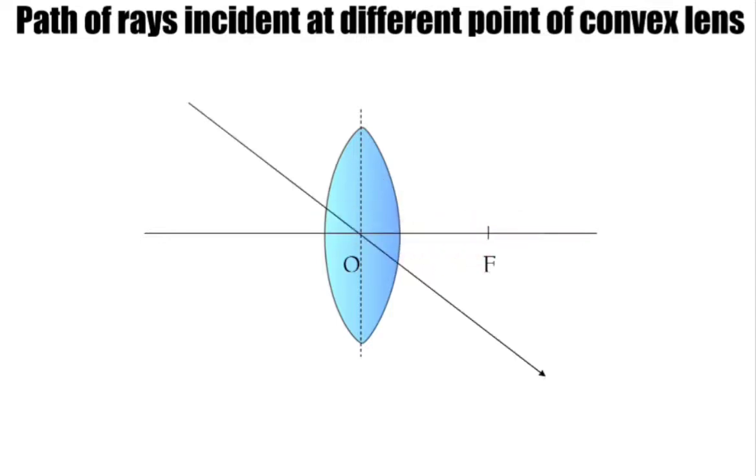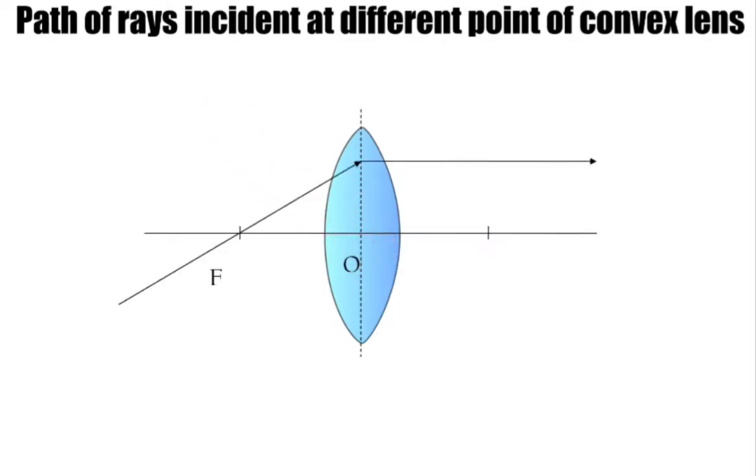Now if the ray is coming diagonally, crossing the optical center, then because there is no deflection at the optical center, this ray will pass directly without getting deflected. This is the direction in which the incident ray passes through the convex lens when it falls upon the optical center diagonally.